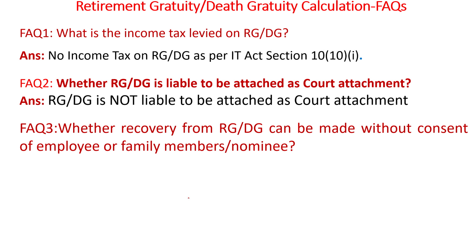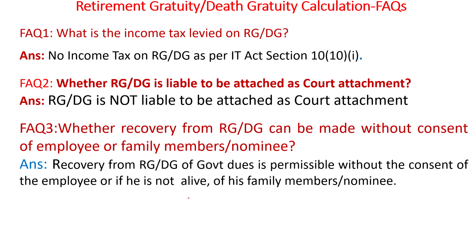Whether recovery from retirement gratuity or death gratuity can be made without consent of the employee or family members or nominee? Yes, recovery from retirement gratuity or death gratuity of the government dues is permissible. If there are any dues to the government, recovery is permissible, even without the consent of the employee, or if he is not alive, the consent of the family members or nominee is not required.